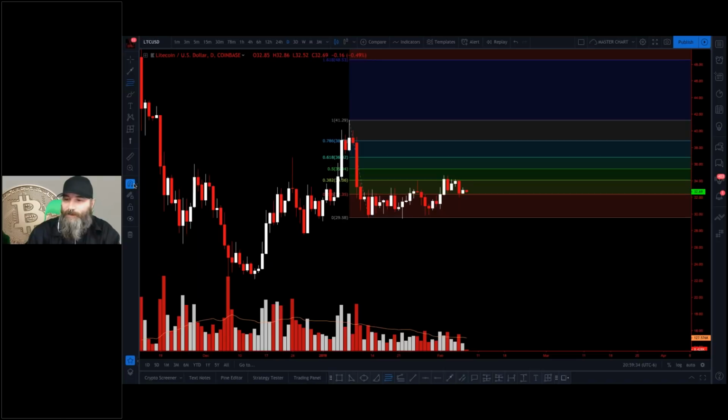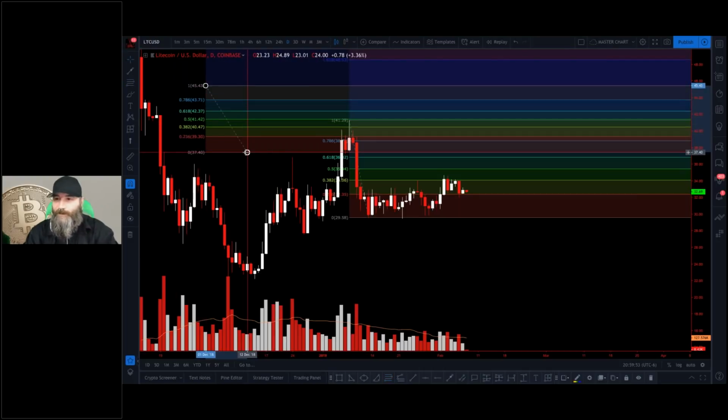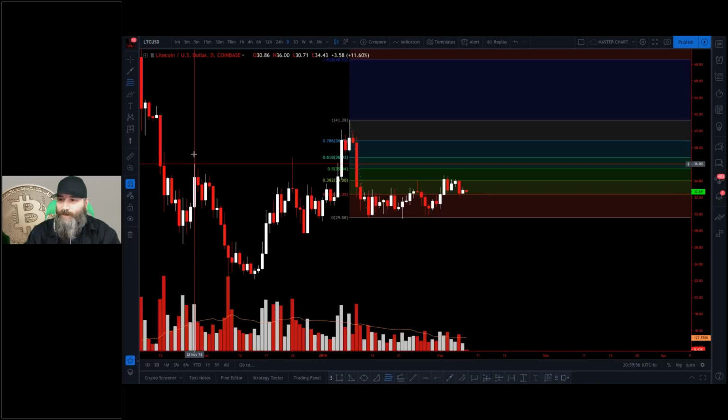Now, there are two modes in magnet mode. Nobody really talks about them, but one is super aggressive and the other one is weak. See how far away the cursor is, and I'm still in magnet over here? Whereas when I'm not in hyper aggressive mode, I can still move around here. If I lay the fib on here and get close enough, it'll snap.